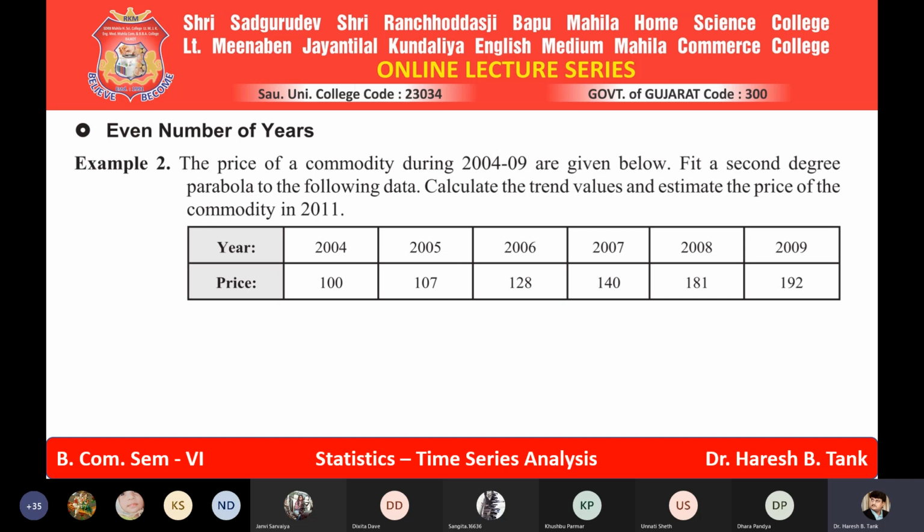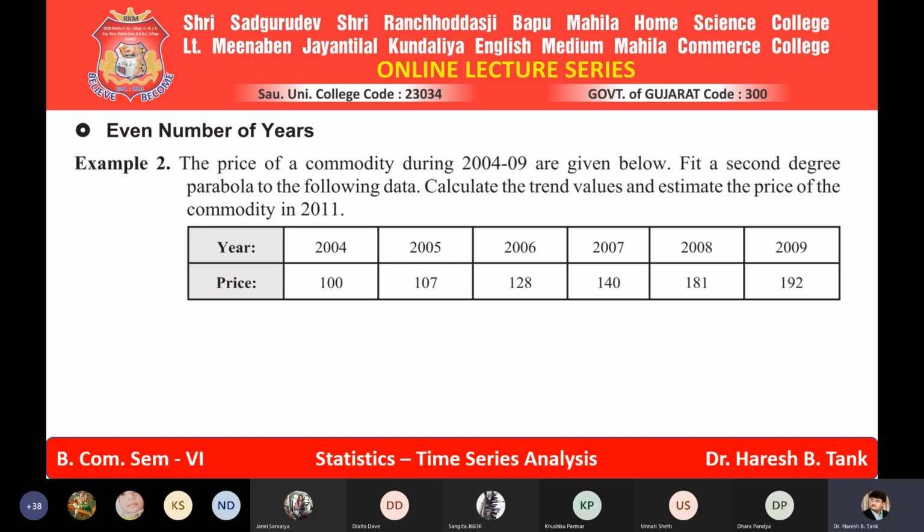Fine enough. What should be done? What should be done in this example at an initial stage? First, we have to arrange it in a proper column format. The first column is year, second column is price.